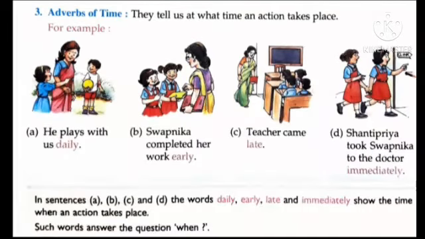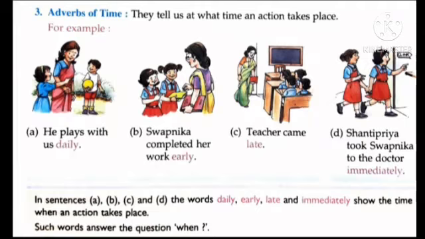Next is adverbs of time. Adverbs of time tell us at what time an action takes place. For example, he plays with us daily. Swapnika completed her work early. Teacher came late.